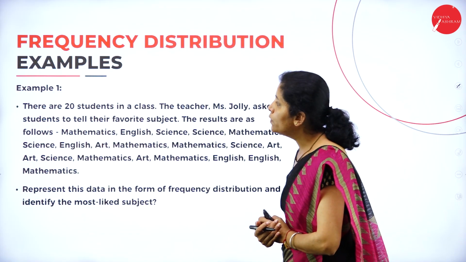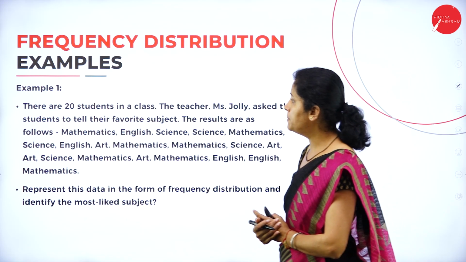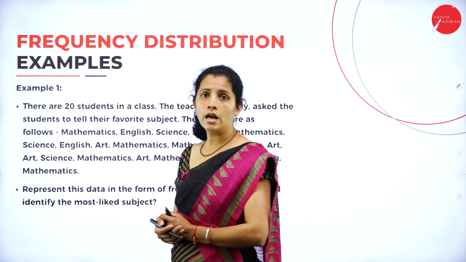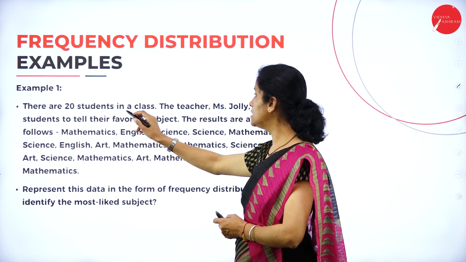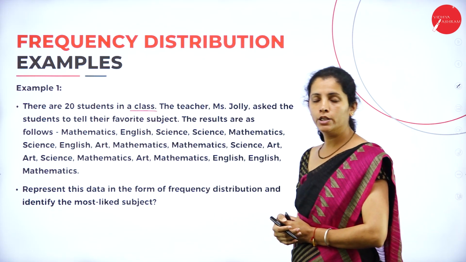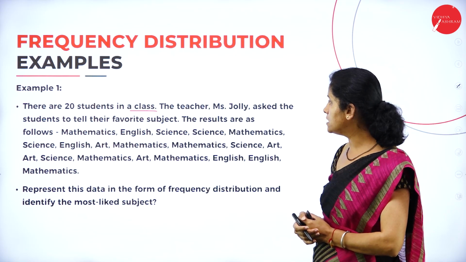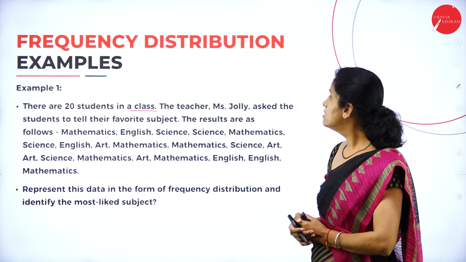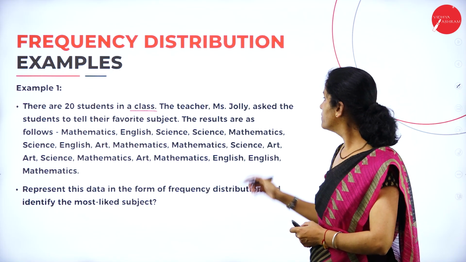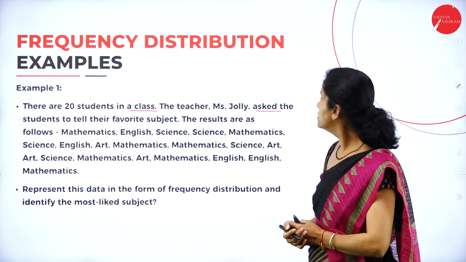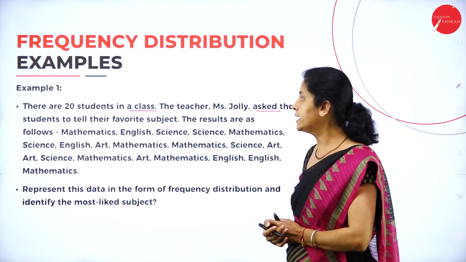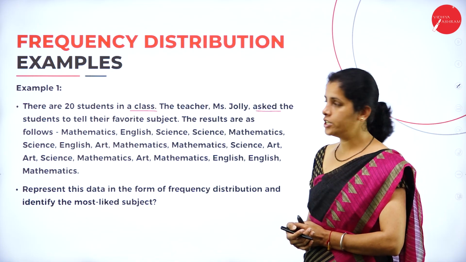Now, I'm going to have my first example: there are 20 students in a class. So, how many students? 20 students. The teacher, Miss Jolie, asked the students to tell their favorite subject.